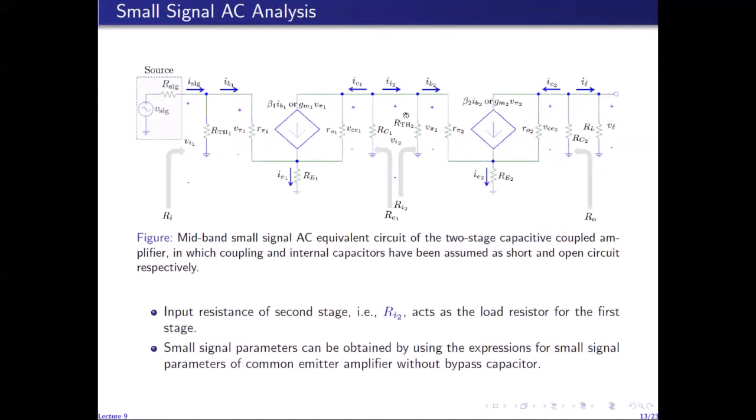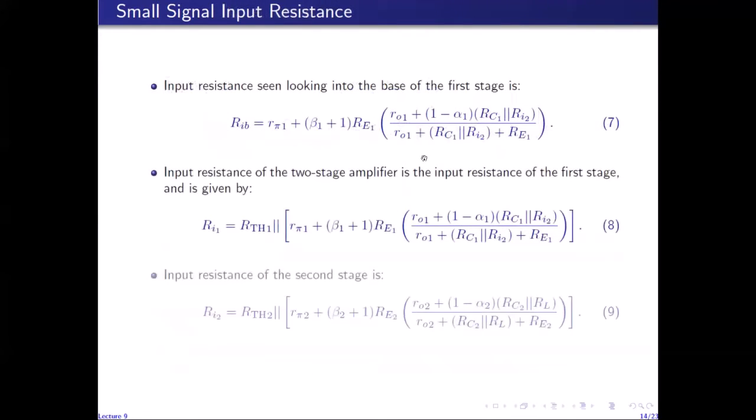If you isolate this circuit from the rest of the circuit, then this is nothing but the common emitter amplifier without bypass capacitor, so we have already analyzed this before. So Ri2 is given by the same expression. Obviously, we have included subscript 2 with the parameters to correctly label the small signal parameters.